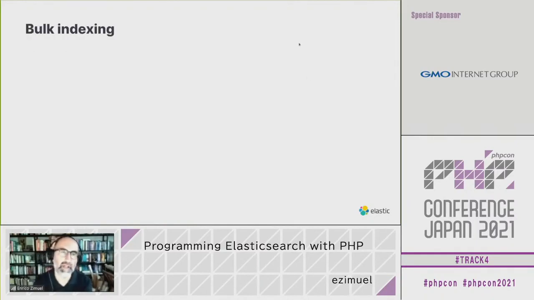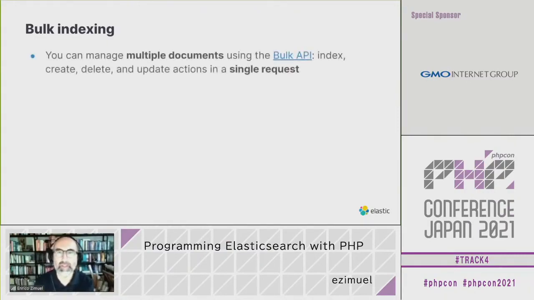Okay, imagine that now you don't want to insert only one document, but a set of documents. This is provided in Elasticsearch using bulk indexing. The bulk API lets you insert multiple documents in a single request, a single HTTP communication, and Elasticsearch will store all the documents using that single HTTP request.